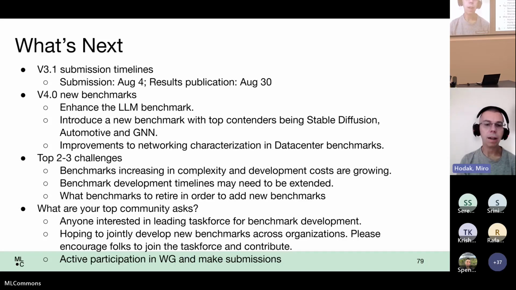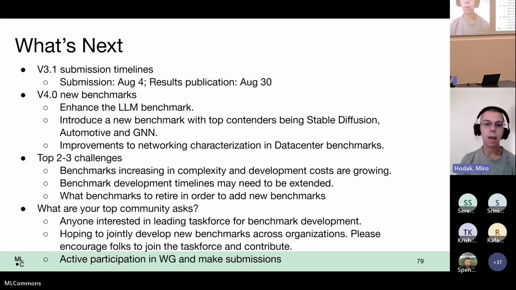So, top 2-3 challenges. Our benchmarks are increasing in complexity, especially with large language models. We can see that development. David says how much time they spend in training. Inference is different. We don't need so much training time, but we still need to make sure the model behaves correctly. We need to make sure that models are fine-tuned, and we need to deal with the data and things that come with that.